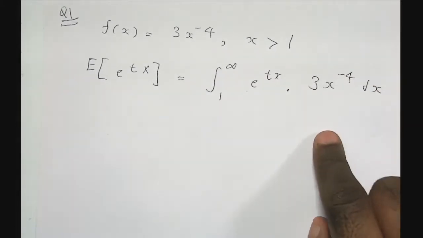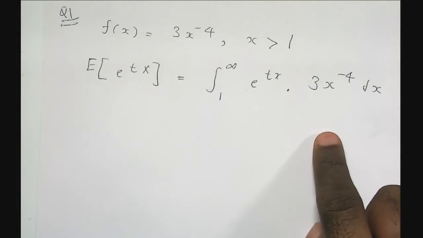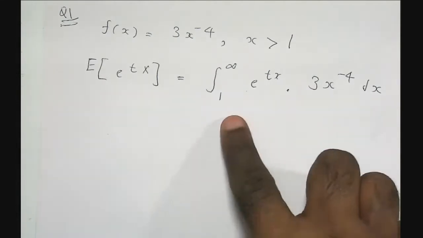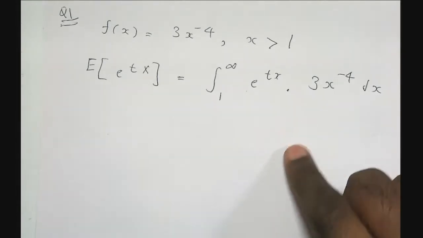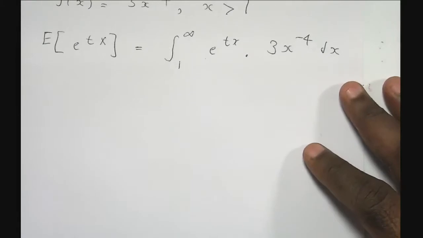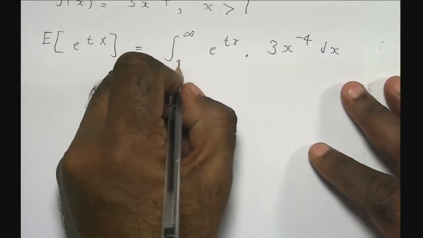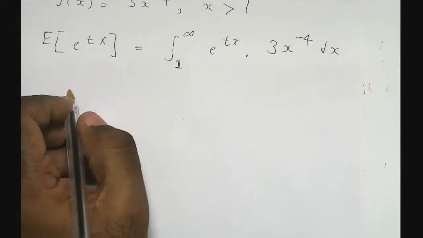Remember what I told you last week. Does not exist means that you need to show that it's equal to infinity. So you need to show that this integral is equal to infinity. All right, now let me show you how to do that. There's a trick I'm gonna use.